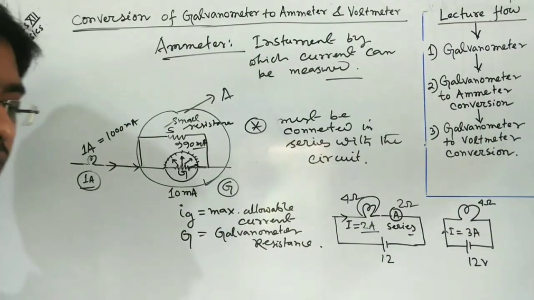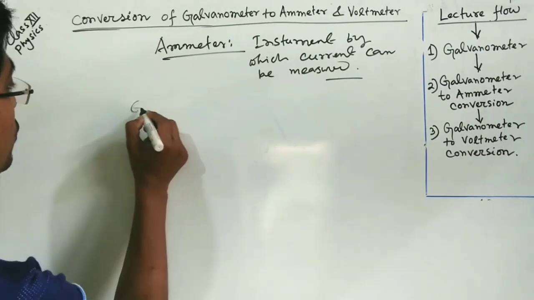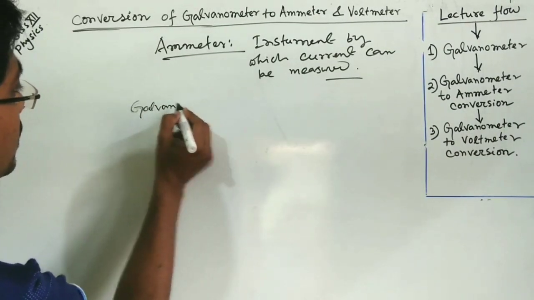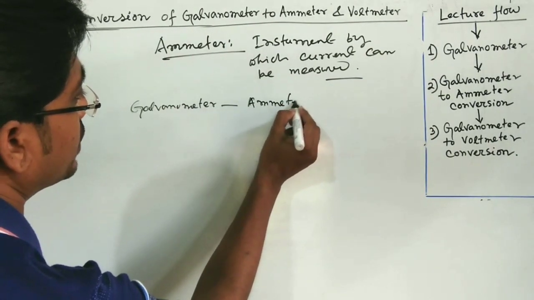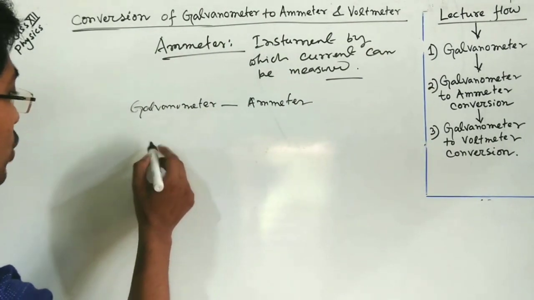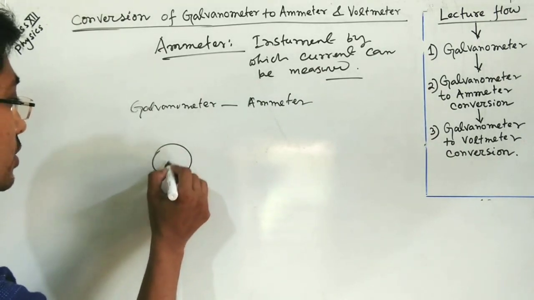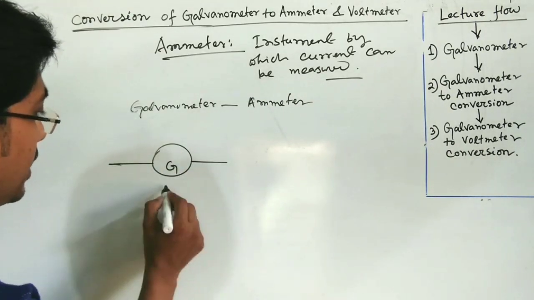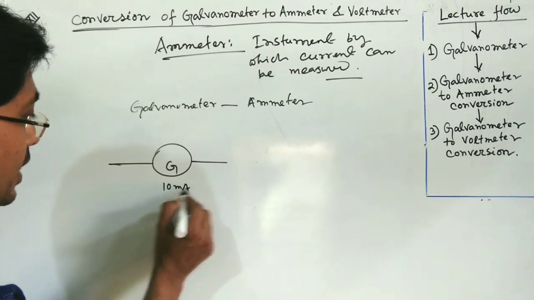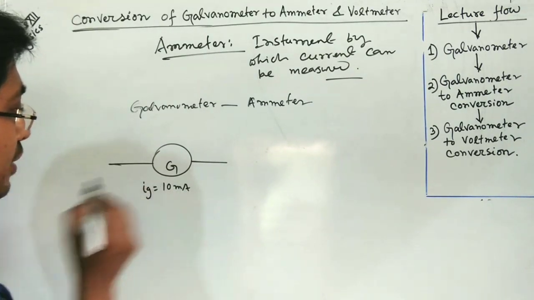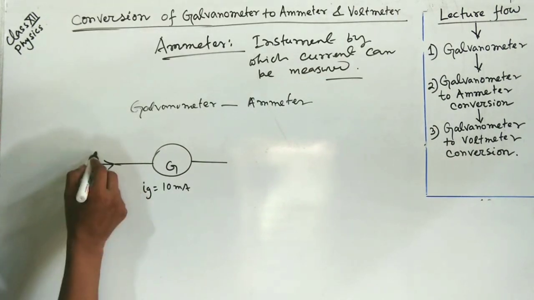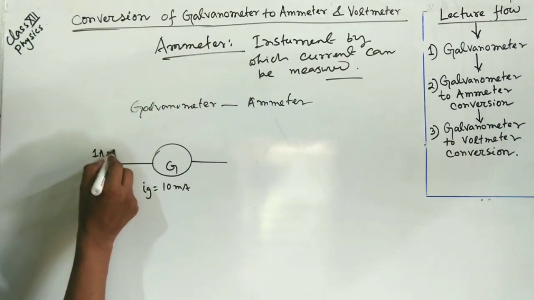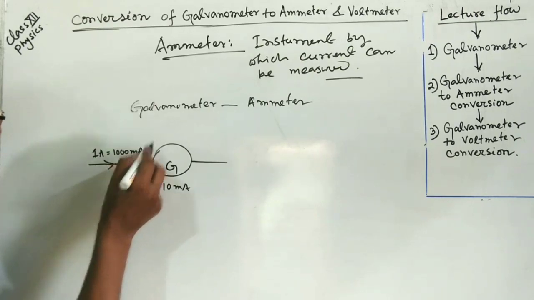And now how to convert it? Now the conversion, galvanometer to ammeter. So I have told you this is a galvanometer and suppose 10 milliampere is the maximum current it can carry, that is Ig equals 10 milliampere, and the current coming here is, suppose, 1 ampere, that is 1000 milliampere.